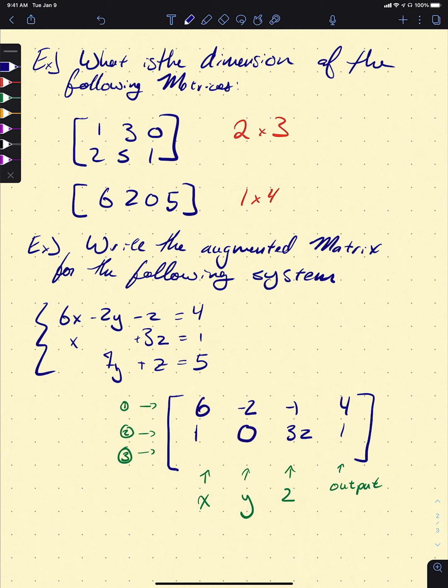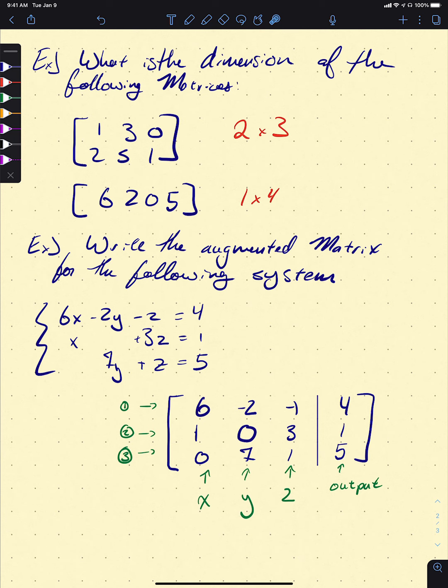And then it also has 0 y's, right? You can imagine a sort of phantom 0 y right there, okay? For our third one, it looks like we're going to have 0 x's, 7 y's, 1 z, an output of 5. And we're going to draw this little line right here to show that we are augmenting the matrix.